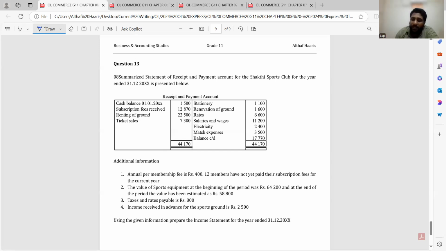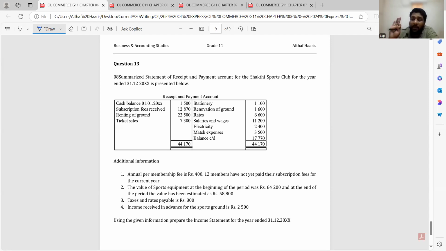If they have given a question by giving the cash receipts, and if they are asking you to prepare the income statement, first you have to prepare the cash receipt account. Then from the cash receipt account, second, you have to find out whatever the things connected with the income and expenses.